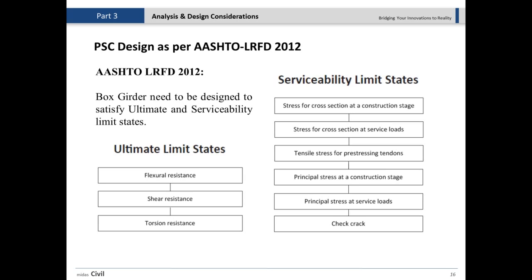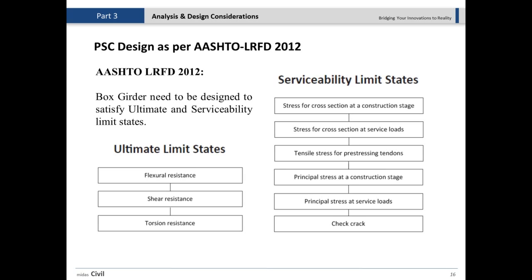AASHTO requires us to do the design as per ultimate limit states and also serviceability limit states. For the ultimate limit states, we have to satisfy the flexural resistance, shear resistance, and torsional resistance, and definitely the combination of shear and torsion. On the other hand, we have to check serviceability limit states, checking the stress for the cross section at the construction stages, which is definitely important at different ages.